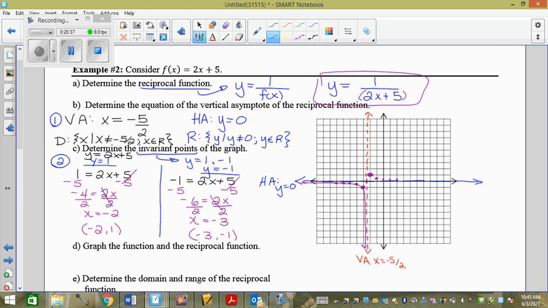Yeah? Are you finding these off of the table? Yes, off the table. How do you see? Second graph. So if you used alpha y equals enter and you use the fraction, your answers in your y1 are going to be fractions. So I retyped it in as 1 divided by bracket 2x plus 5 bracket, and then it put my answers in my table in decimals.